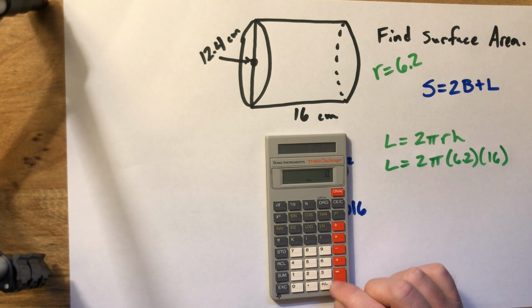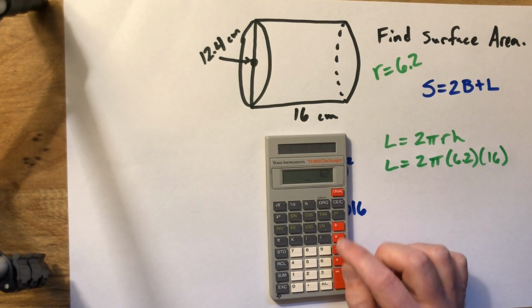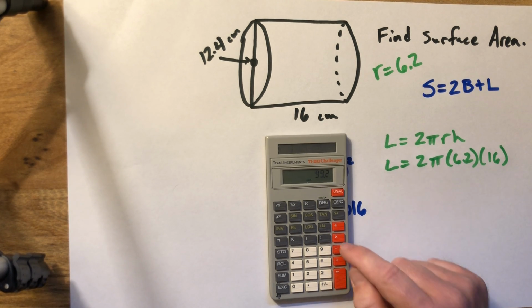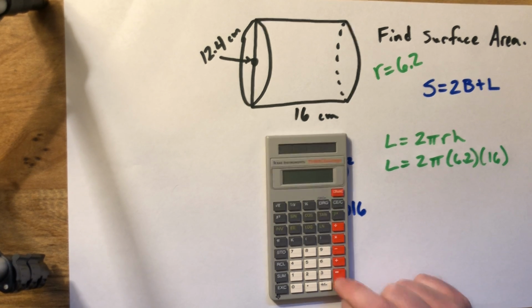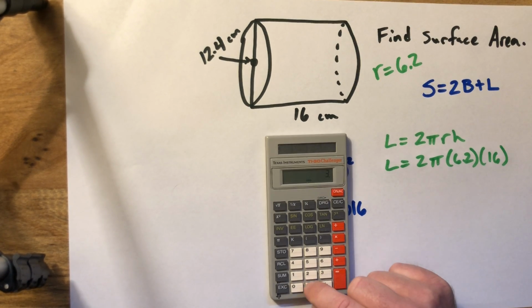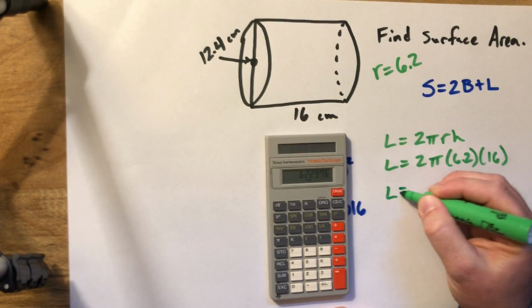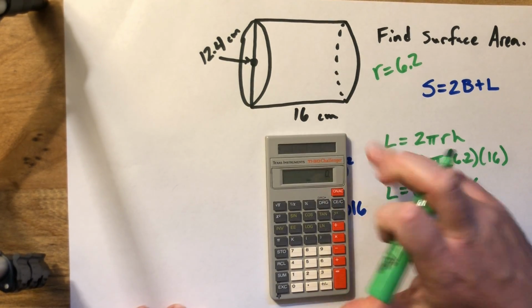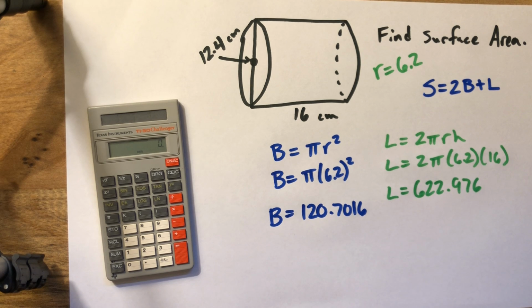I'm going to start with 6.2 times 16 is 99.2 times 2 times pi. 622.976. So if you're asked just to find lateral area, you would say 622.976 square centimeters, and that would be your lateral area answer.